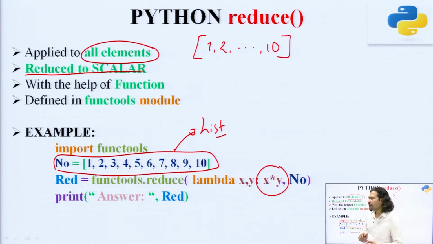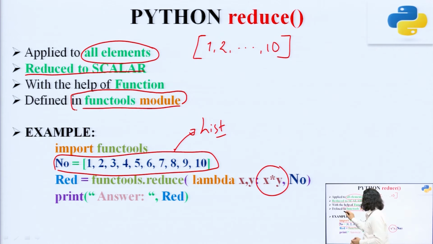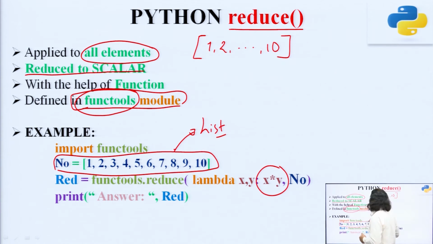One more thing is that the reduce function belongs to functools. You can say functools is a different set of functions which belongs to a module, and that module is functools. In that, one of the functions is the reduce function. So, here you can see that functools holds the definition of your reduce function.